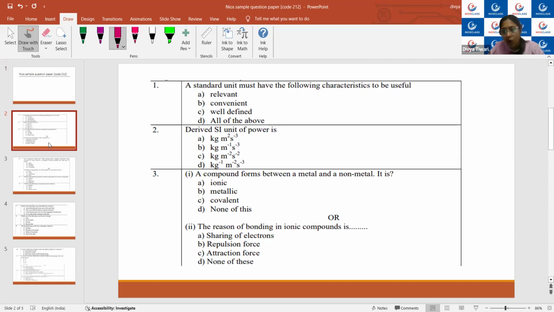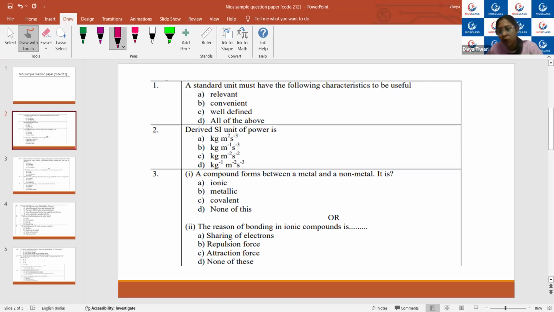As we all know, a standard unit should be well defined. That means we can have a convenient definition that should remain the same in each and every aspect. It should not change because of some kind of physical condition change, and it should also be relevant.